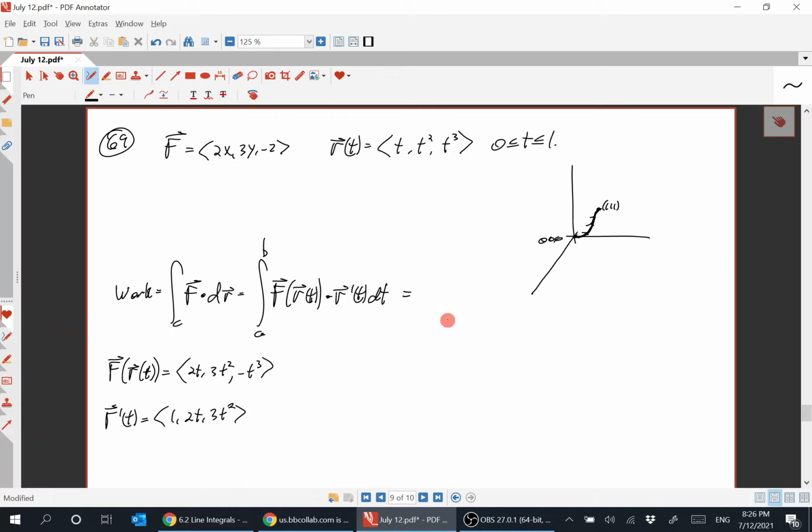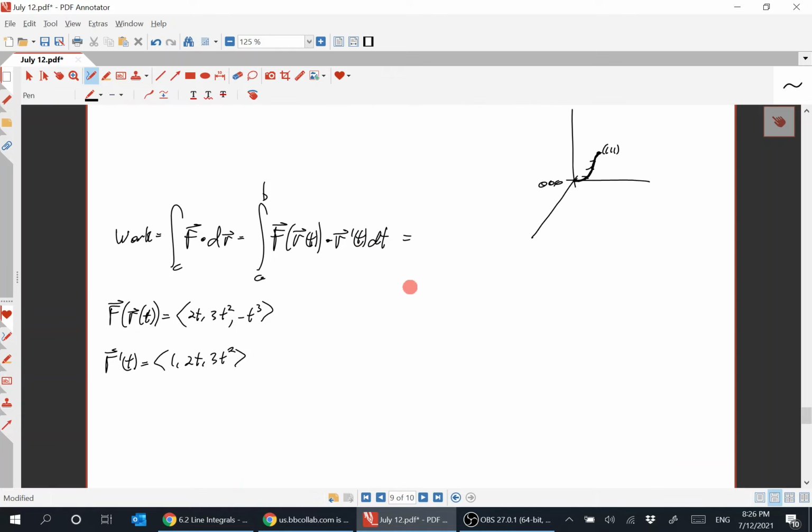Right, so this integral is equal to the integral from 0 to 1 of 2t, 3t squared, minus t to the third, dot 1, 2t, 3t squared dt.